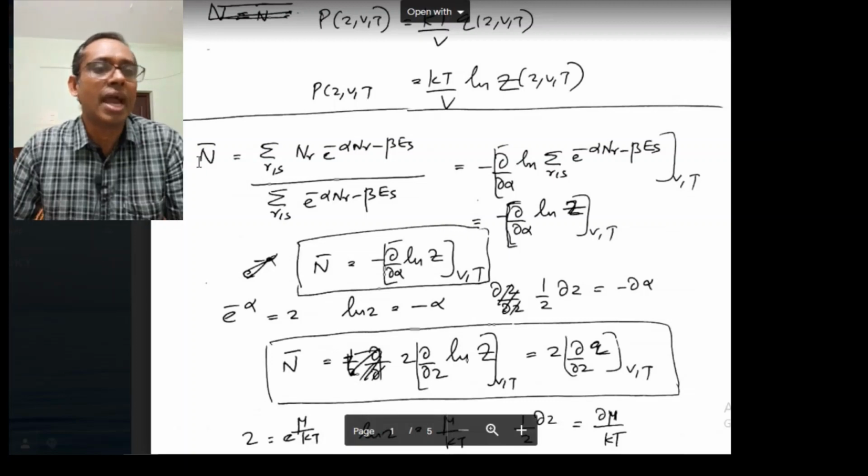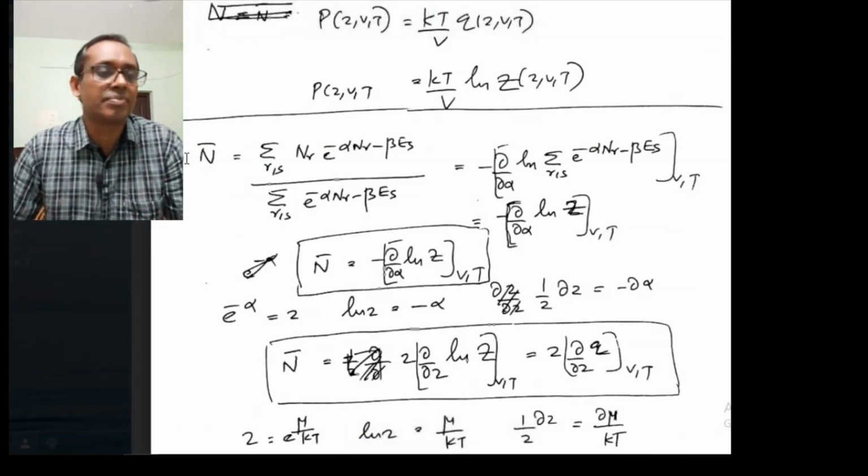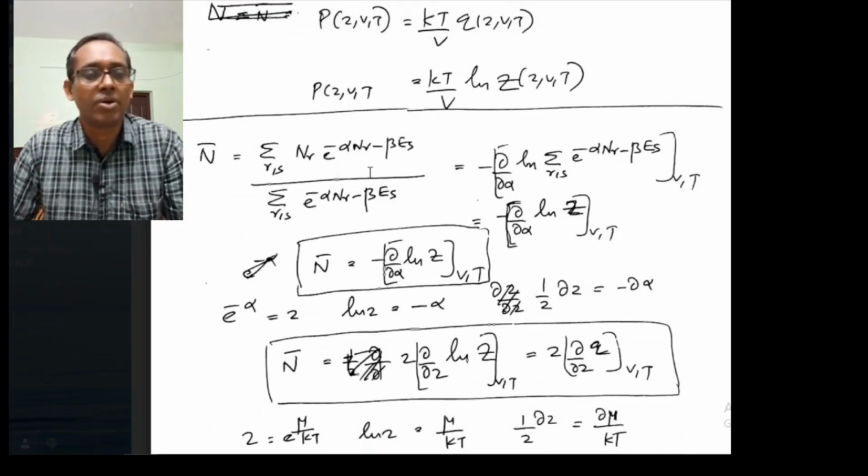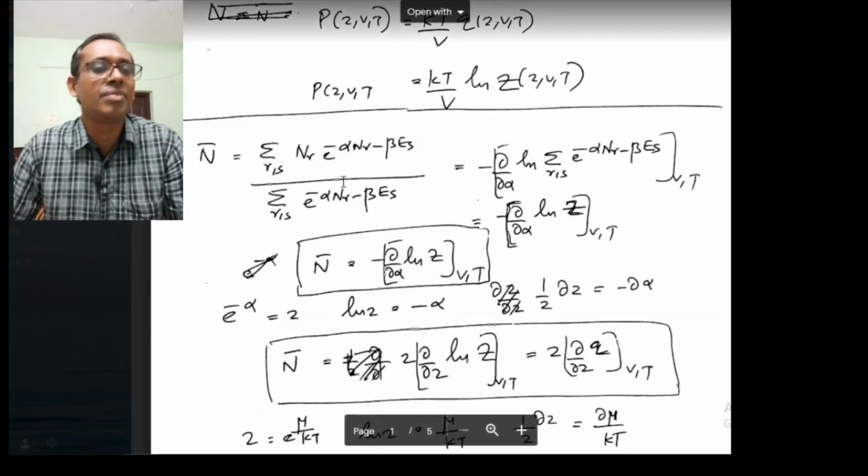Then the average number of particles in the system, that is sigma over r, s of nr e to the power minus alpha nr minus beta Es over sigma over r, s of e to the power minus alpha nr minus beta Es. And we know this thing is the probability.